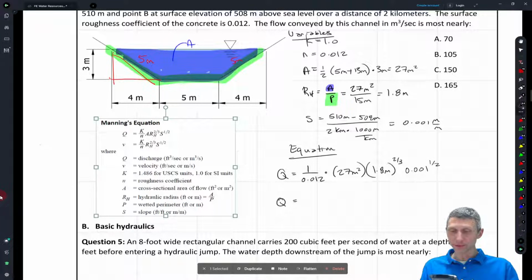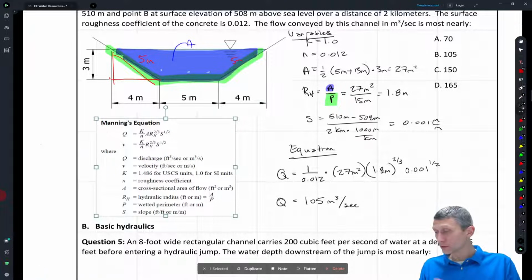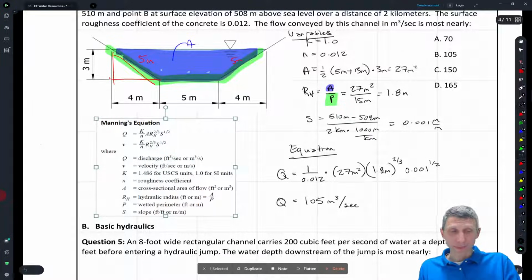So I get about 105.3, or most nearly 105 cubic meters per second. Okay, so just using Manning's equation, but this brings up a couple different topics. One is just the hydraulic radius, 2 is the slope of a channel, and 3 is kind of this idea of how to calculate the flow.